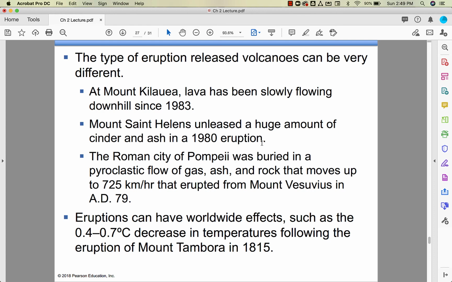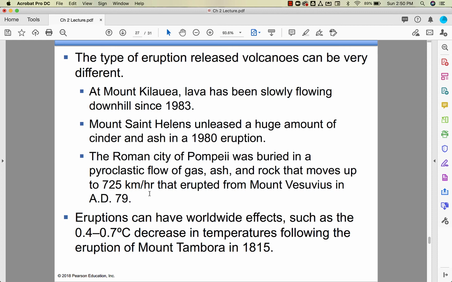Mount St. Helens was a little more violent. It didn't release a whole lot of lava, but it released a lot of ash and cinder, and put a lot of sulfur dioxide into the atmosphere back in 1980. And you guys all heard about the city of Pompeii, right? And Mount Vesuvius in 79 AD.